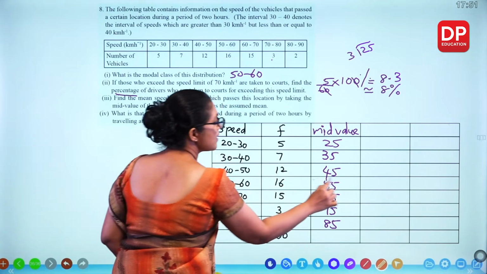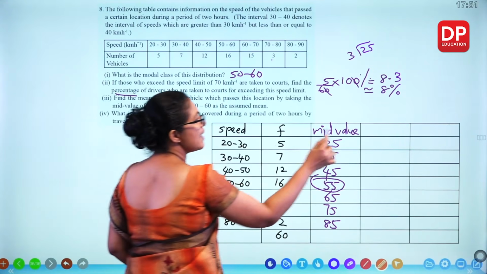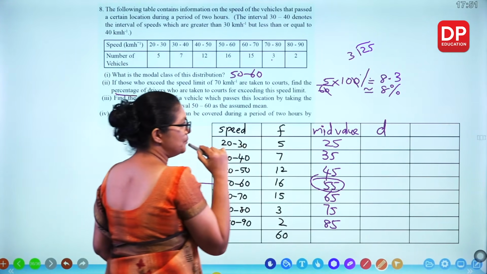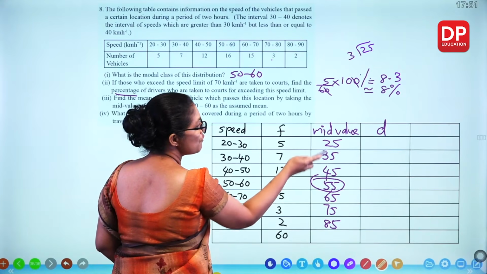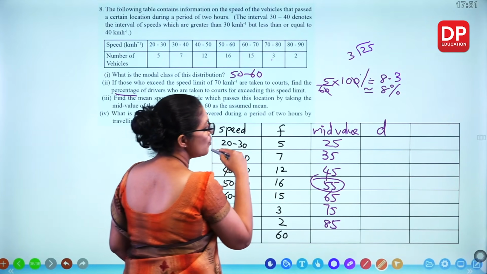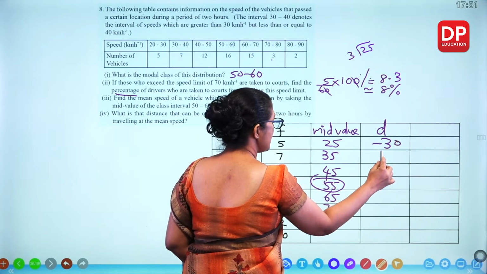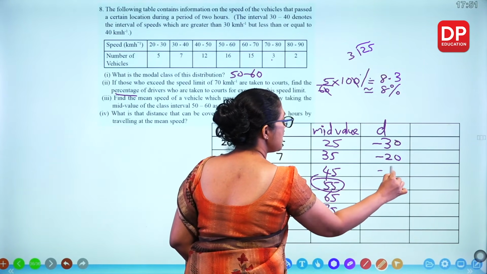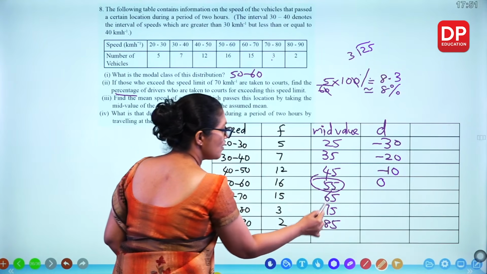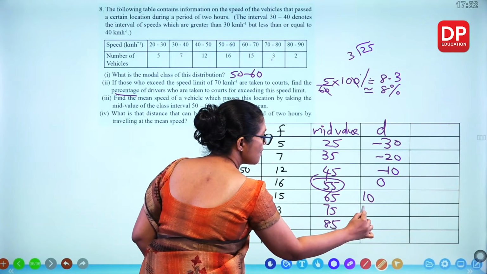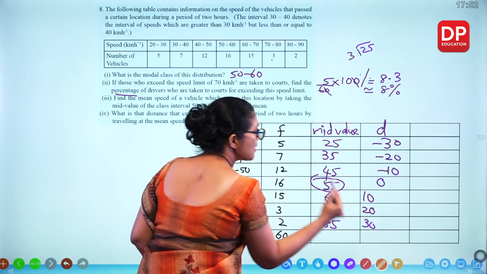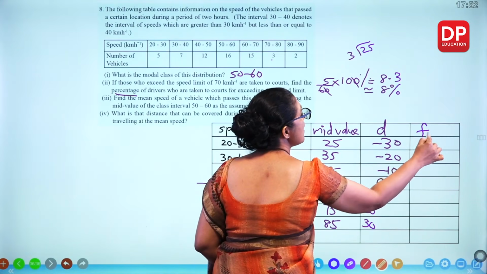We have to take this as the assumed mean and calculate the deviation. 55 minus 25, you get 30. That's minus. This is minus 20, minus 10, 0. Then this way you get positive. 20, 30.